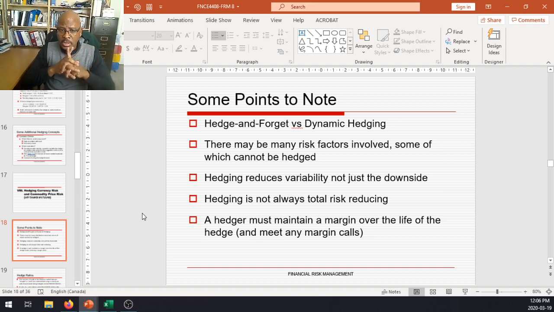Lastly, and this is also very important, when you get into the futures market, we know there's always the possibility for margin calls. And as long as you maintain the hedge to its maturity, in most cases whatever margin calls you receive during the life of the hedge, you will recover it all back on the other end of the hedge, on the spot end of the hedge and so on. But you have to be able to meet all the margin calls.